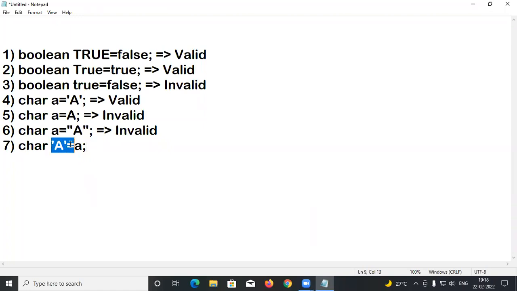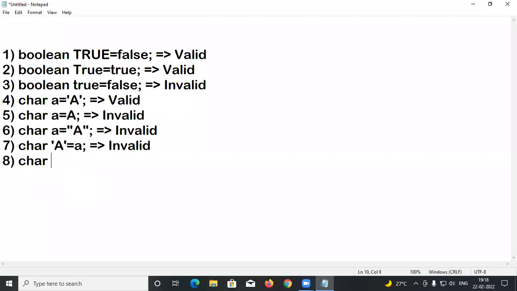According to identifier rules, we should not write single quotes. Special symbols are not allowed. So it is invalid. Okay. The eighth one, this is also an error.